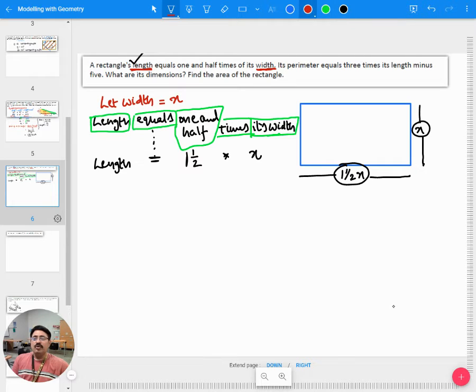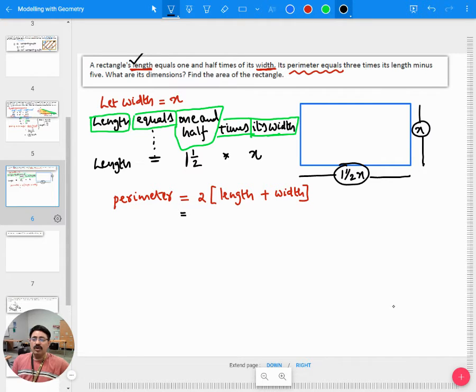Now let's continue. Its perimeter. First of all, let me write what the perimeter of a rectangle is. Perimeter of a rectangle equals twice the length plus width.